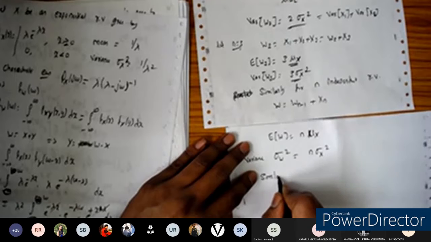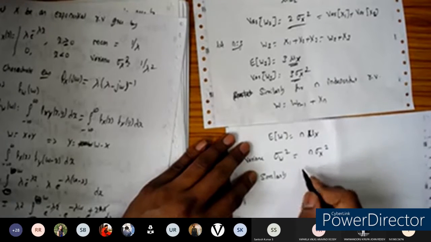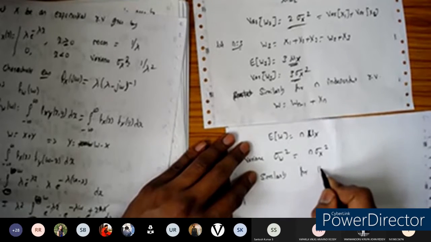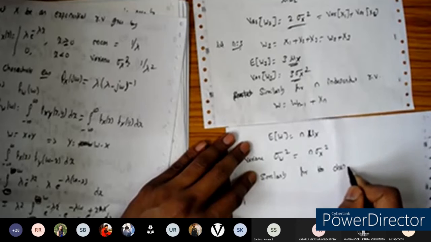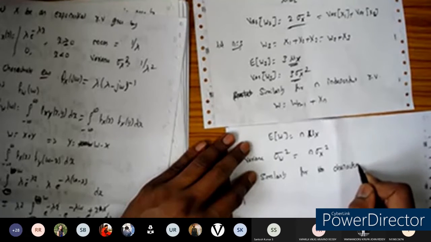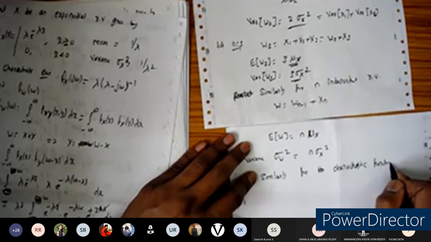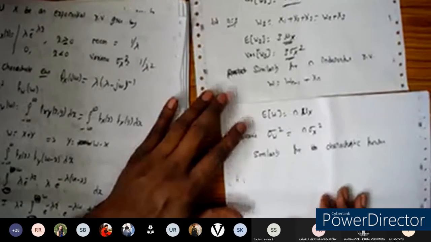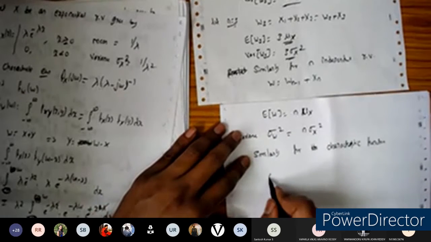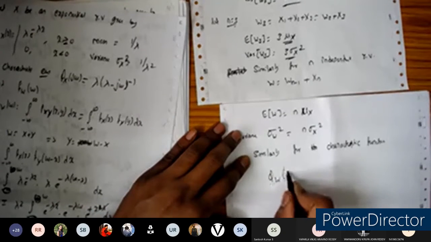Similarly, for the characteristic function, we take the expectation of the exponential term, and that we call the characteristic function. So we can have phi of j omega.